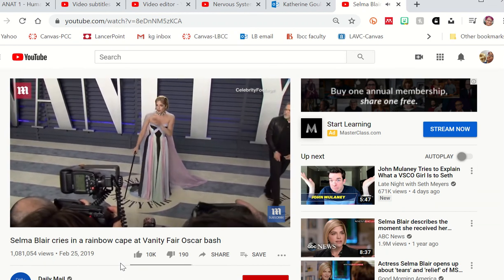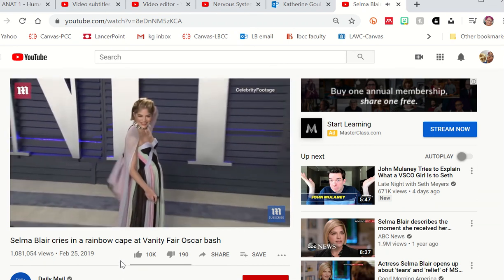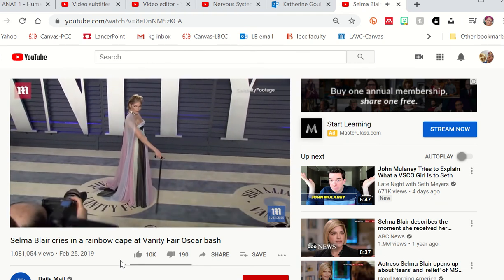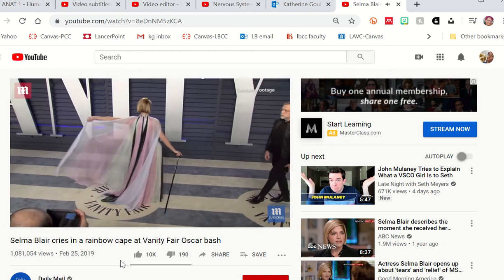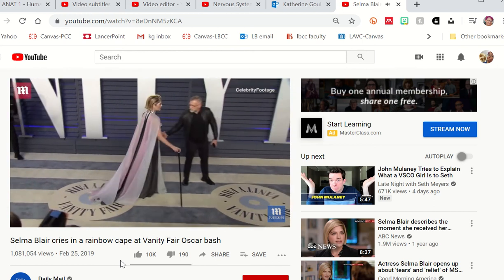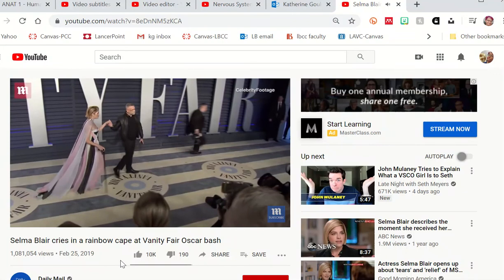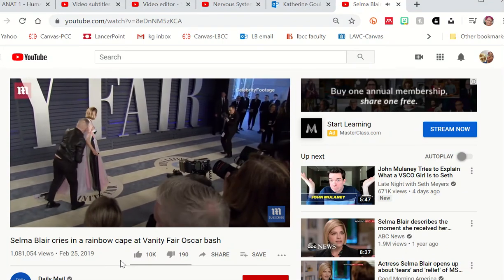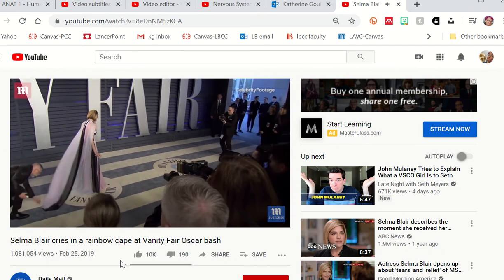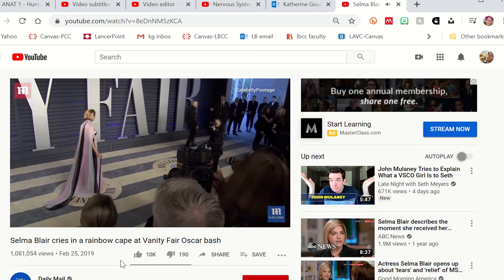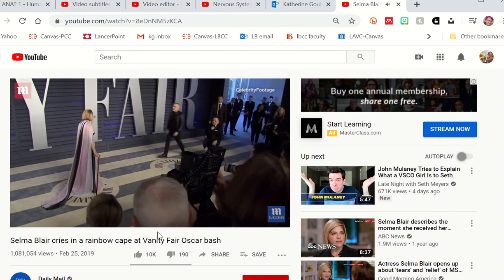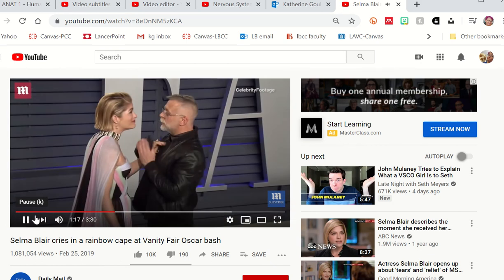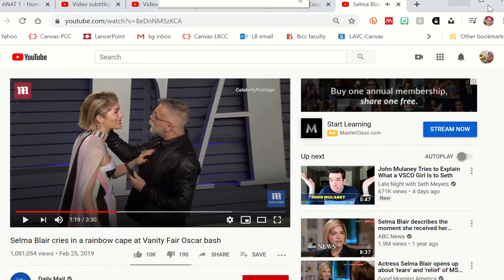And now you see she's going to walk, and you see what a hard time she's having. You can see that she's having such a hard time walking, and even the paparazzi are affected by it. So it is a really heartbreaking condition.